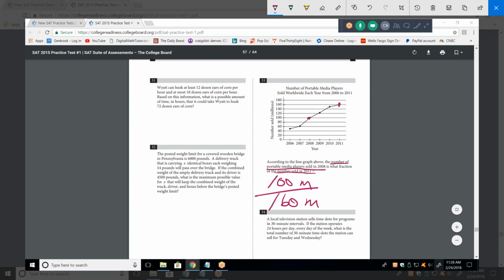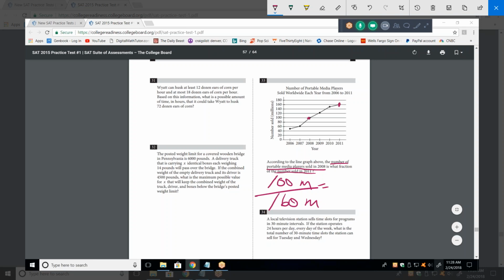What's the answer? Reduce. This is where your calculator comes in, but make sure you know the feature on your calculator that lets you translate a decimal answer to a fractional answer, because they're not going to want a decimal answer on this.